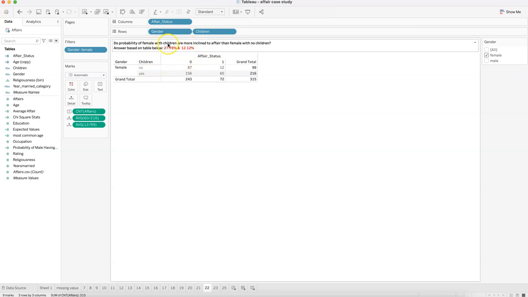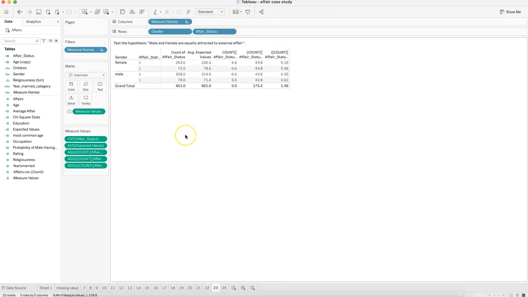Female with children is 60 affairs divided by 216, giving us 27.28%, whereas female with no children is 12 divided by 99, giving 12.12%. So females with children have double the probability of engaging in an affair compared to females with no children.